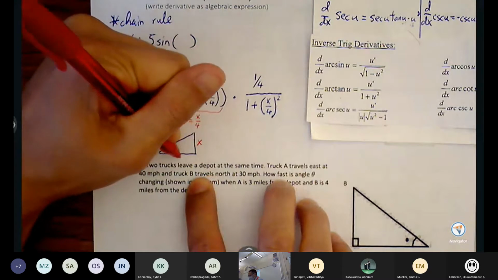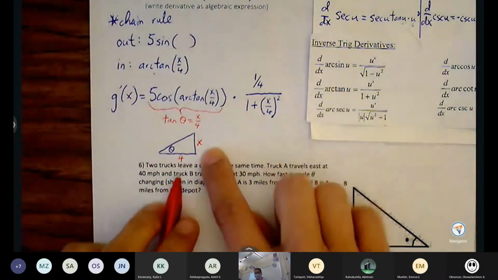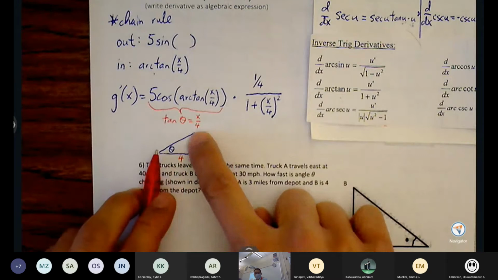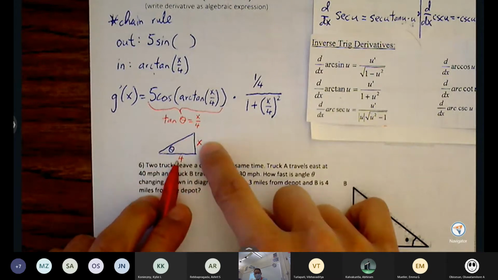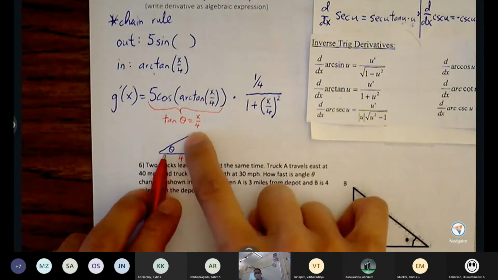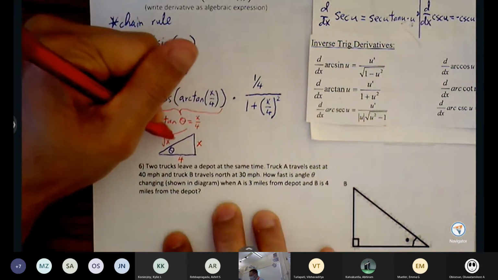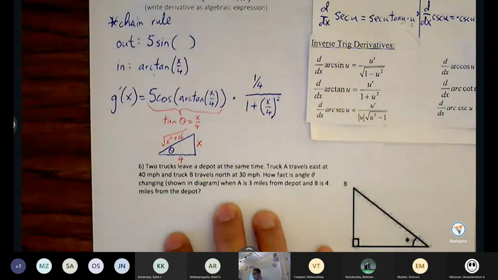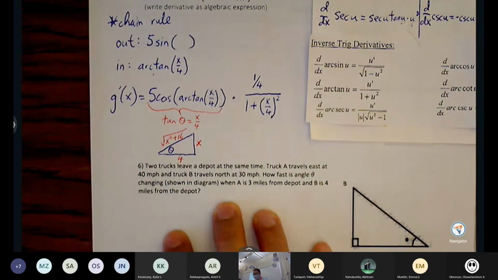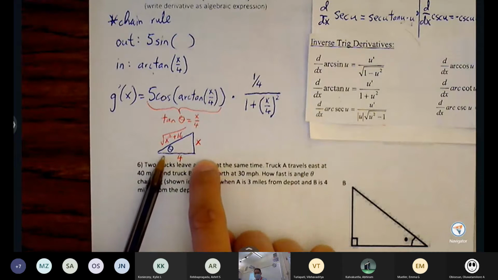So x and 4. Find the missing side, hypotenuse, using the Pythagorean theorem, a squared plus b squared equals c squared, take the square root. And now we can establish the cosine of this scenario.